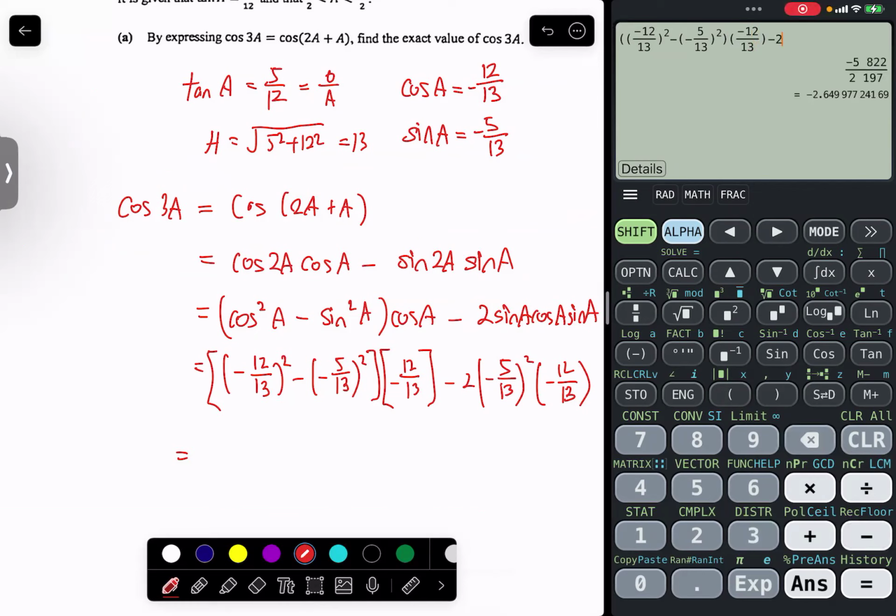Minus 2 bracket negative 5 over 13 squared, bracket negative 12 over 13. Okay, so we get negative 828 over 2197 as the answer.